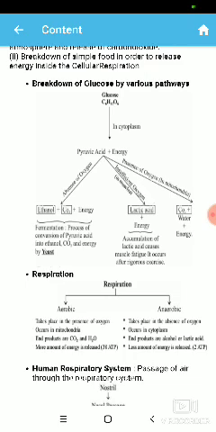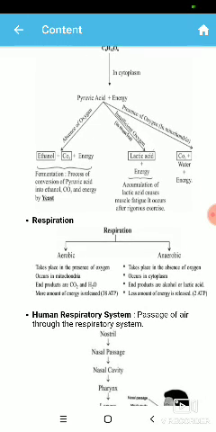And if the breakdown of glucose is in the presence of oxygen, it happens in the mitochondria, so it becomes CO2 plus water plus energy. And if there is insufficient oxygen in muscles, lactic acid plus energy is formed. The accumulation of lactic acid causes muscle fatigue.